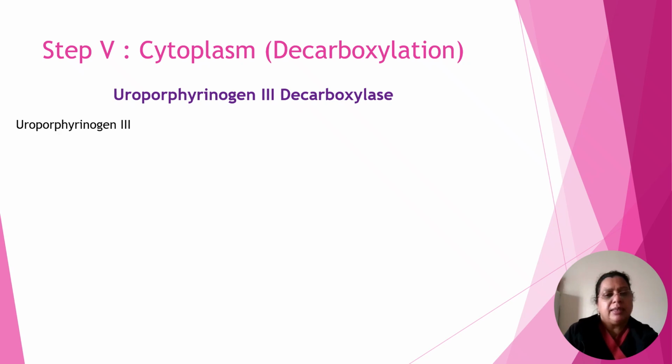So this is acted upon by the enzyme uroporphyrinogen 3 decarboxylase, and it gets converted into coproporphyrinogen 3 with elimination of 4 molecules of carbon dioxide. These 4 molecules of carbon dioxide are eliminated from all the 4 rings of the tetrapyrrole. The acetate in the tetrapyrrole ring is converted into a methyl group, leading to synthesis of coproporphyrinogen 3.